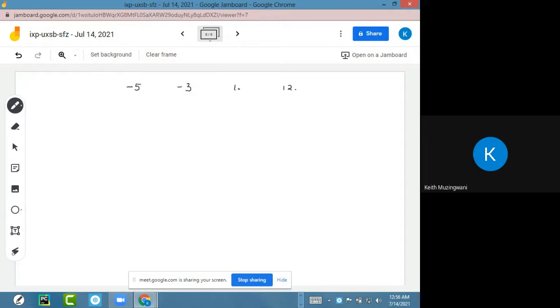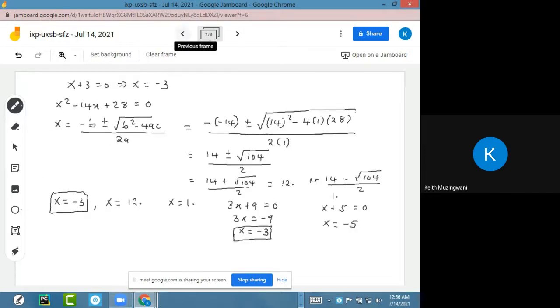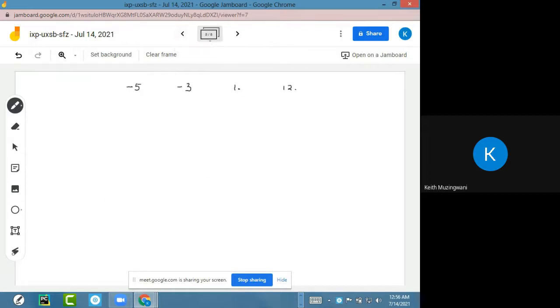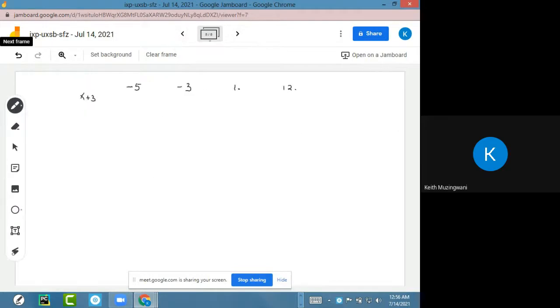So we need all of them. The numerator has 2 pieces. It has x plus 3, so we'll get x plus 3. It also has this quadratic, x squared minus 14x plus 28, which is also needed when testing.